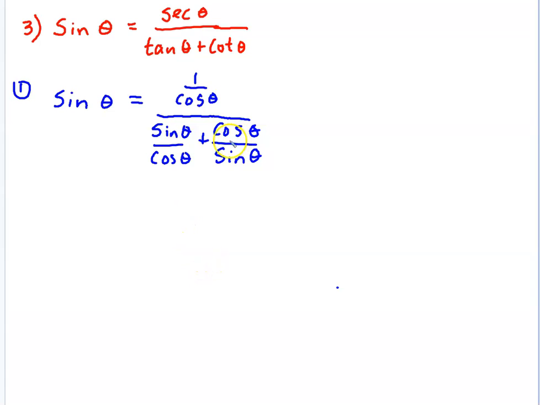And now thinking about a common denominator down here. So I'm going to bring down sine theta on the left. So 1 over cosine theta, and my common denominator is going to be cosine theta sine theta. So I'll just show that.